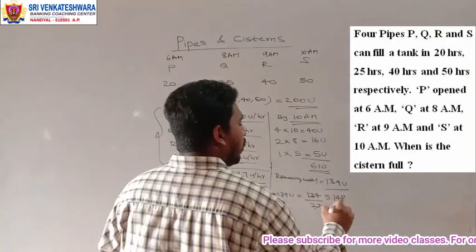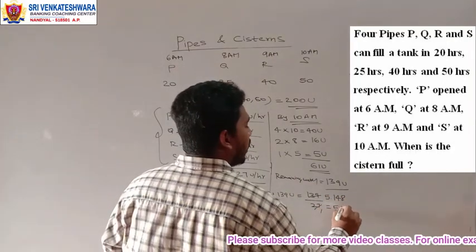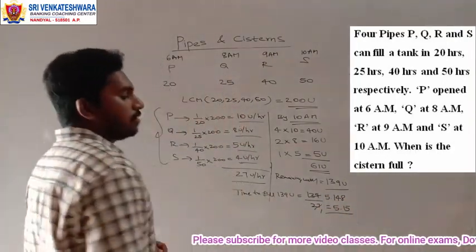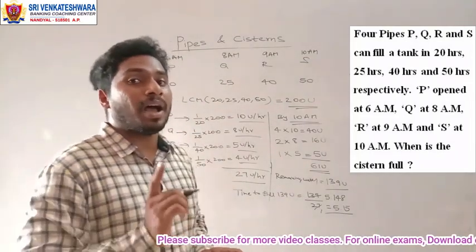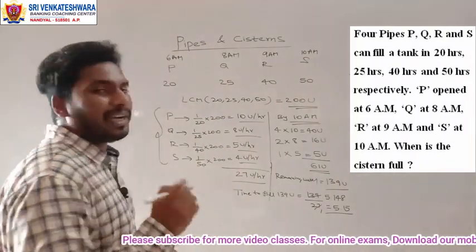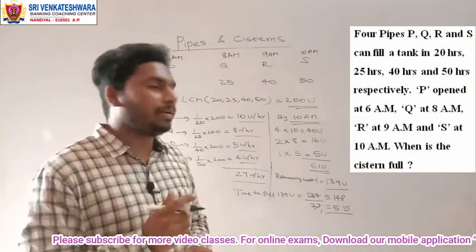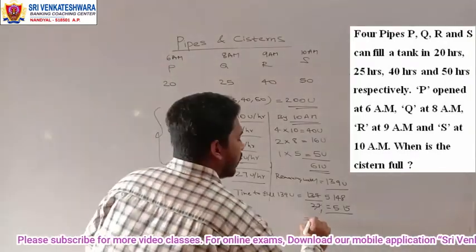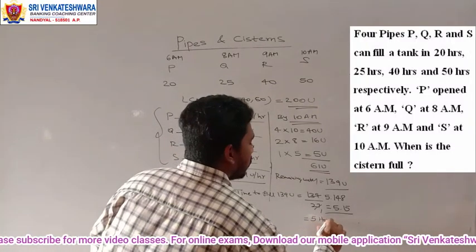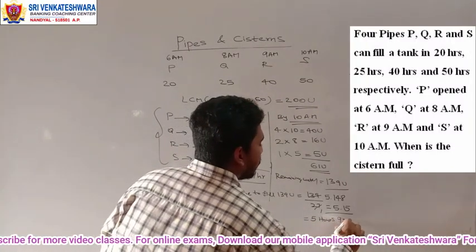If you round it off, that will be 5.15 hours. 0.15 hour means 0.15 into 60, that will be 9 minutes. So you can write this as 5 hours 9 minutes.